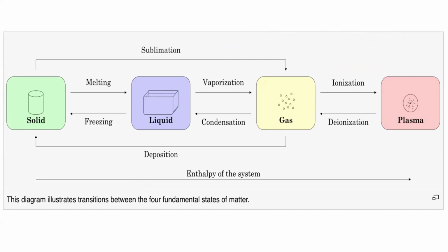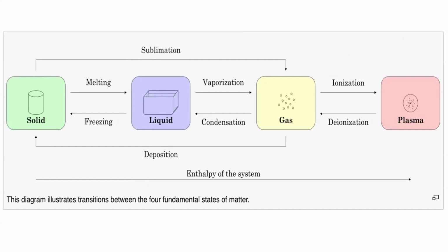And of course, a solid can change to liquid through melting. If you have ice and the ice is melted, then it changes from solid to liquid. So the process in which a solid substance changes itself to liquid is called melting.